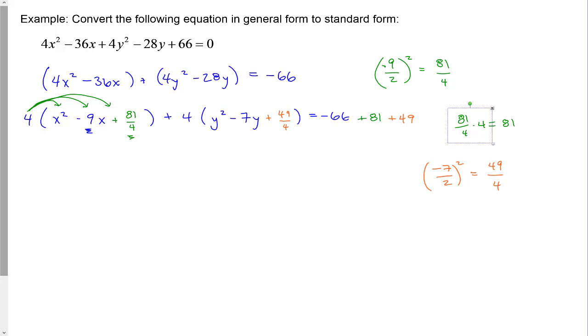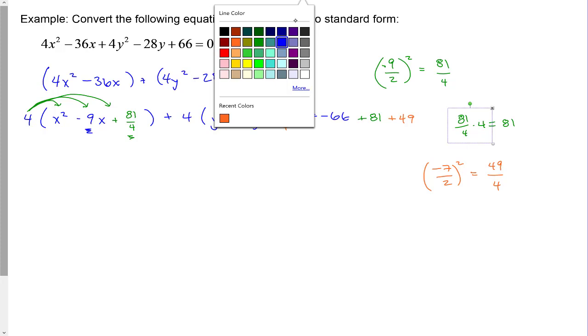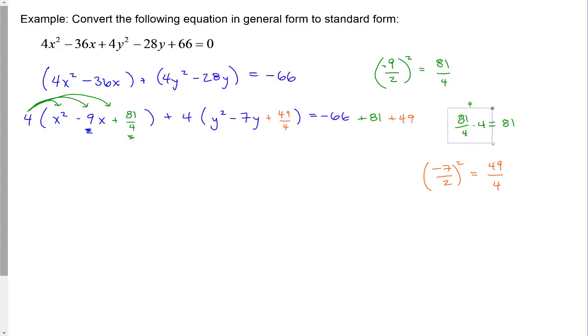Okay, now let's simplify things a bit. So I still have my 4 out here, but this is now a perfect square trinomial. And it always factors into x plus, in this case it's a minus, but we say plus just in general.